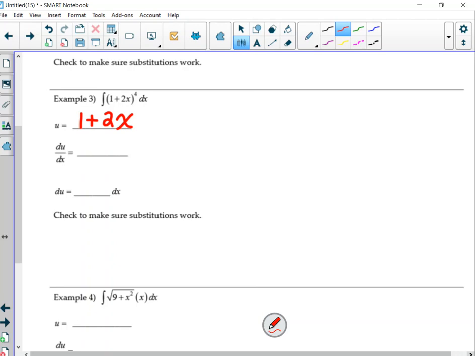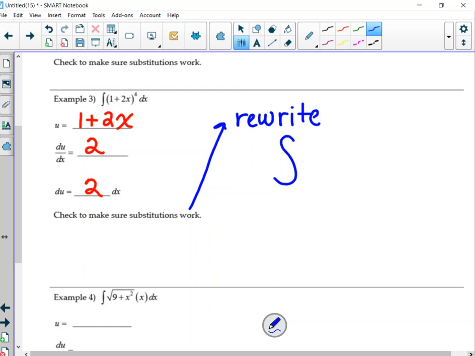So here's U. The derivative of that, in terms of x, is just 2. So du is equal to 2 dx. As I start to do rewriting, this part is my u. So I have u to the 4th.